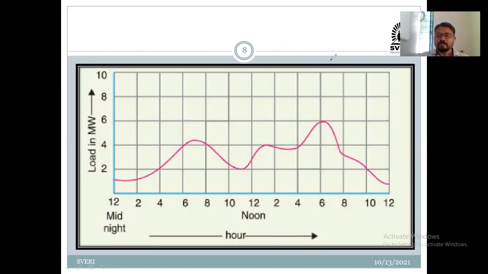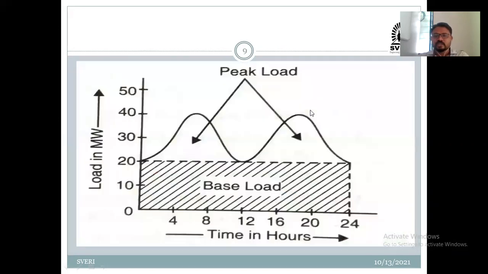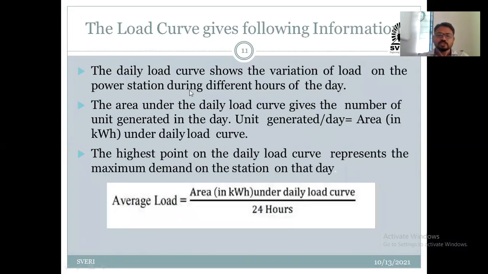Everybody got it? आपल्याला कुठल्या कुठल्या तीन इन्फॉर्मेशन कळणार आहेत from the load curve. First information is that the load curve gives us the variation of load, how load is going to vary in the particular day.